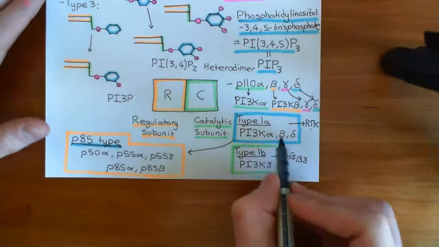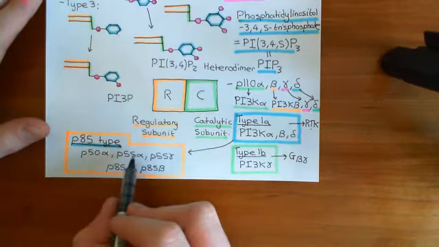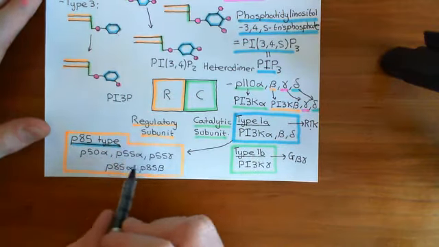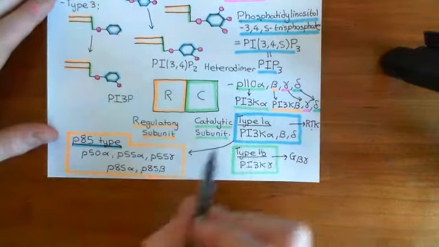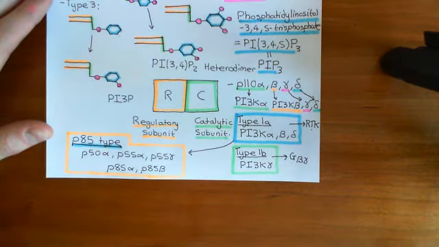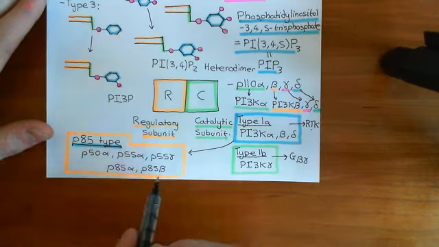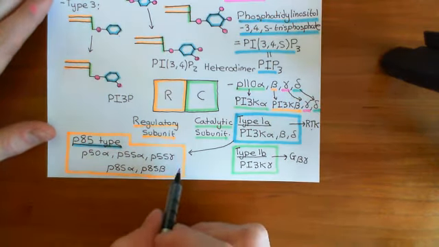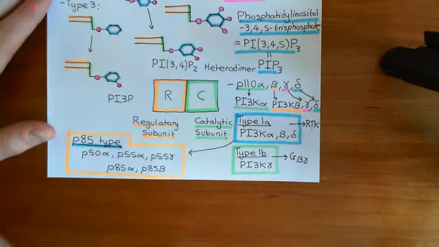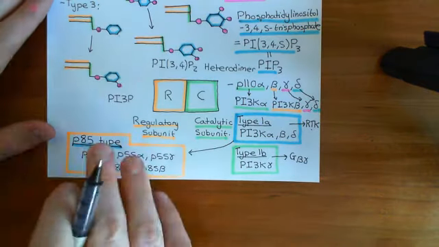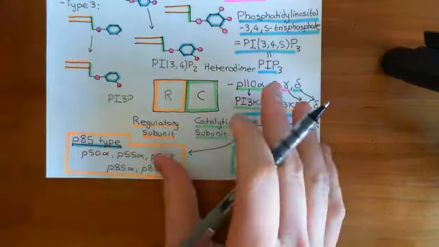So in fact, under each one of these, you have 5 different forms because they could all be associated with these different regulatory subunits. But all of these P85 type regulatory subunits are going to be activated by receptor tyrosine kinases. They're going to bind to receptor tyrosine kinases, and we will come back to that in a moment.